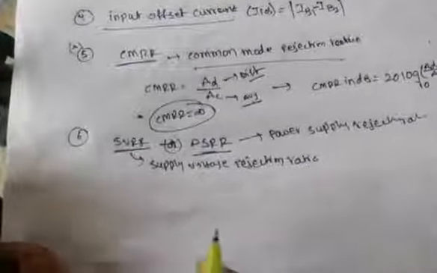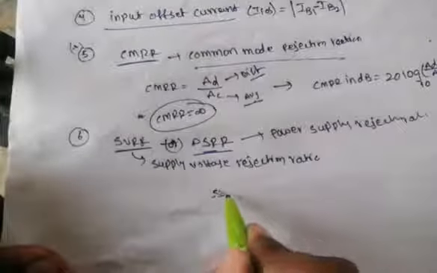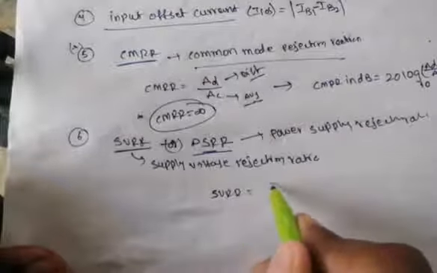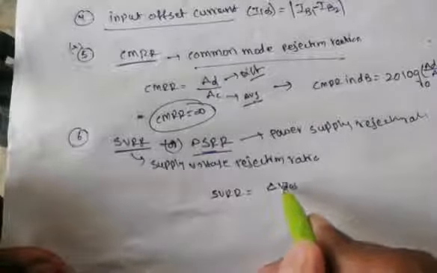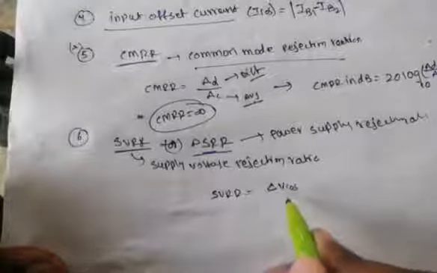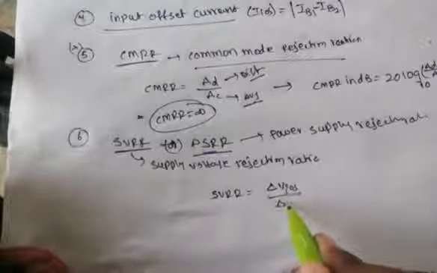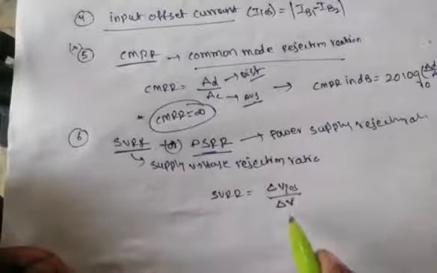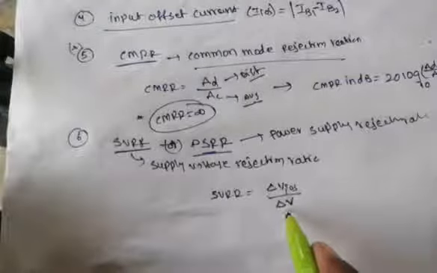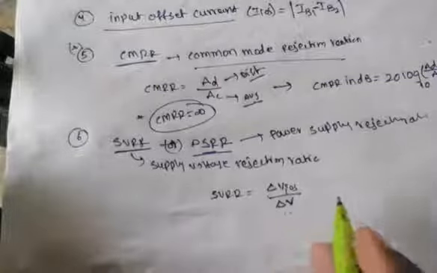SVRR is the ratio of the change in input offset voltage VIOS due to the change in supply voltage. The change in input offset voltage due to the change in supply voltage is defined as SVRR or PSRR.